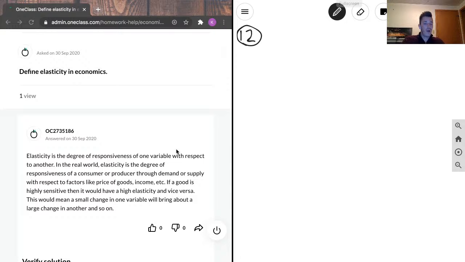So we went through cross-price elasticity earlier. I can maybe give the elasticity of demand. So that is the percent change in quantity demanded over the percent change in price. Similarly, we've got the elasticity of supply.